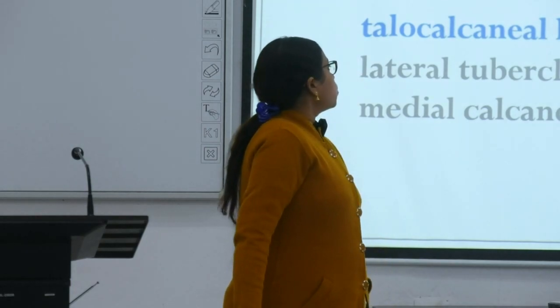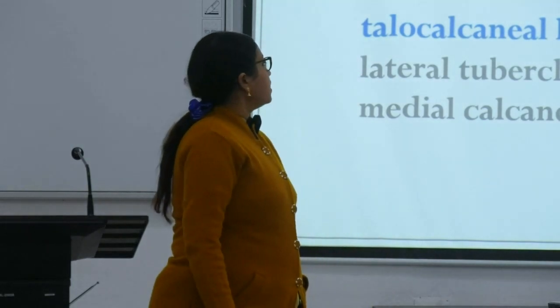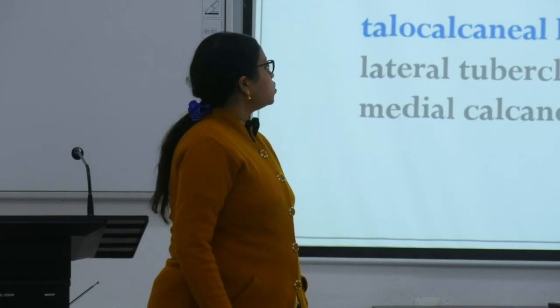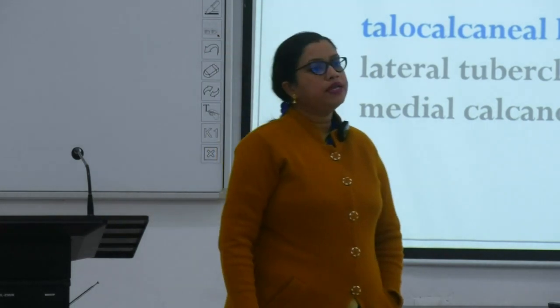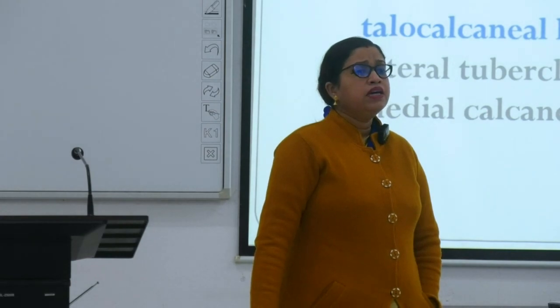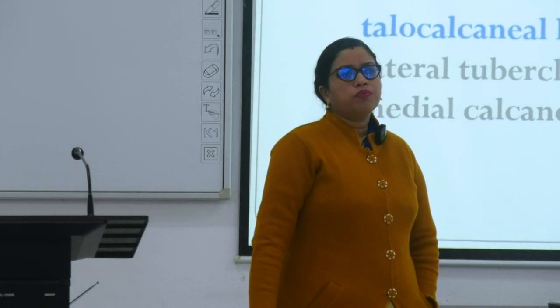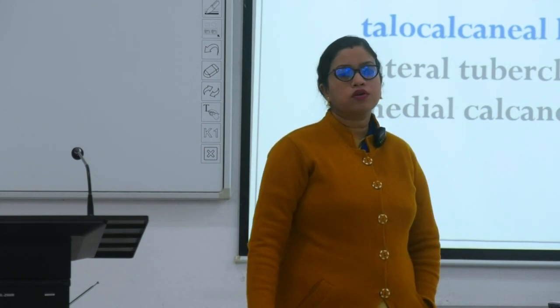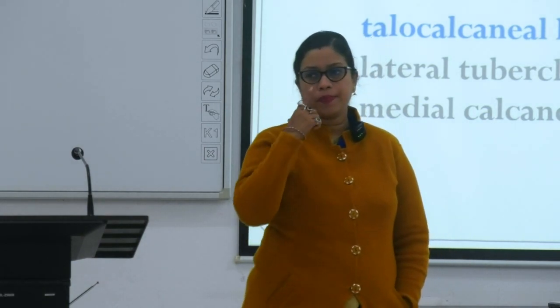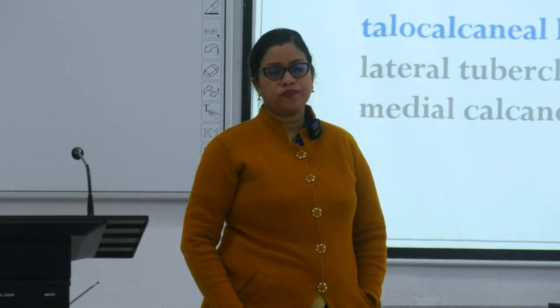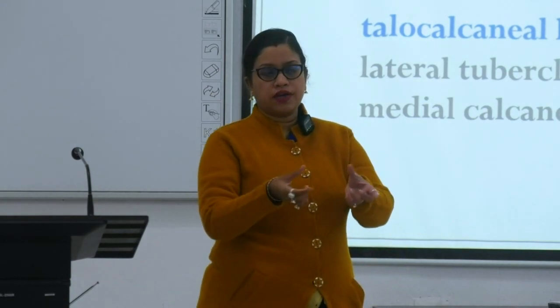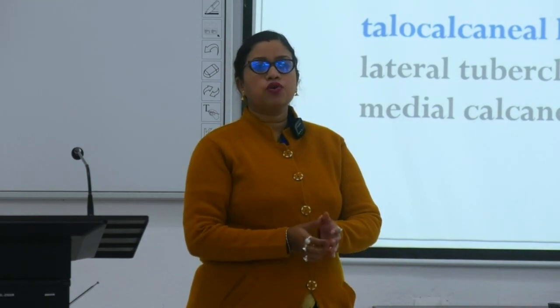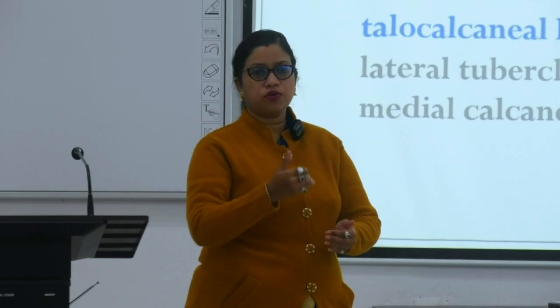The short band of the posterior talocalcaneal ligament extends from the lateral tubercle of the talus to the upper medial calcaneus. Now tell me about the lateral part of the talus. What can you see there? The talus surface is convexo-concave from anterior to posterior.